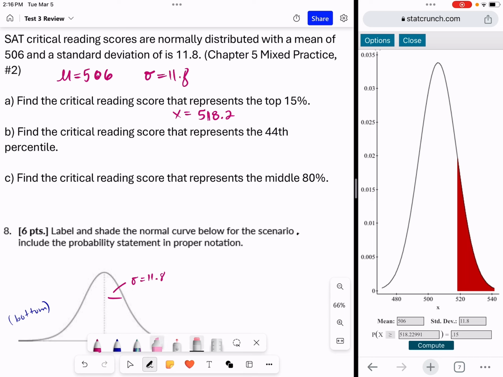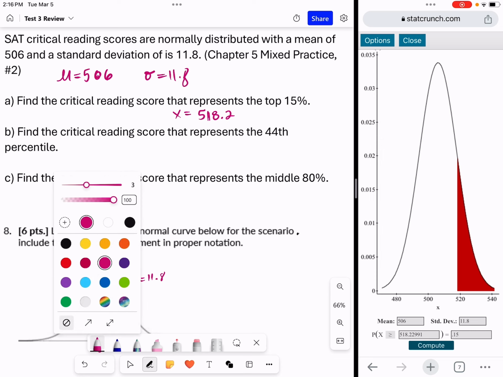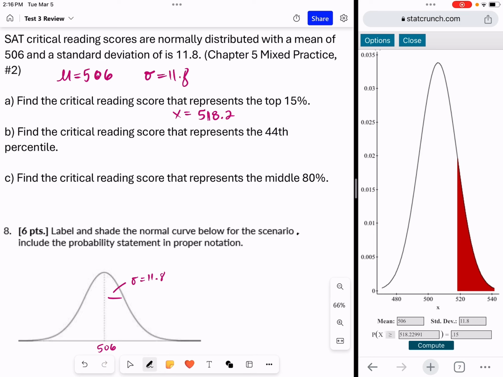Okay, great. So our 44th percentile, remember, this would be the 50th percentile, so you don't need to mark that. In fact, let me do that in blue, just as a note for right now.